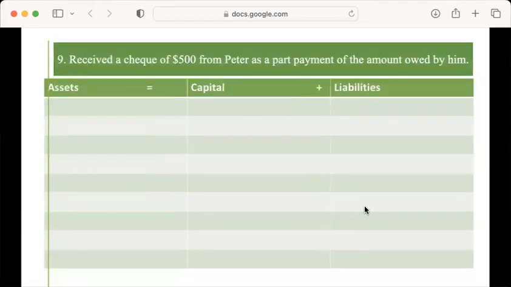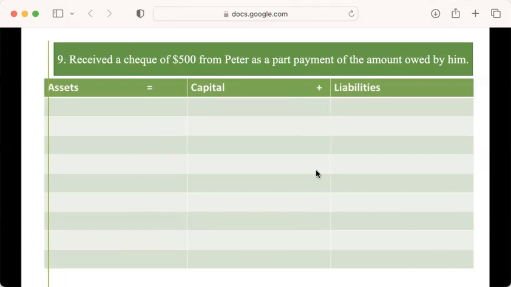Okay, let's look at another transaction. Received a check of £500 from Peter as a part payment of the amount owed by him. So we received a check of £500 from Peter. Peter owes us £1,000. When we receive the £500, our cash at bank will increase by 500.